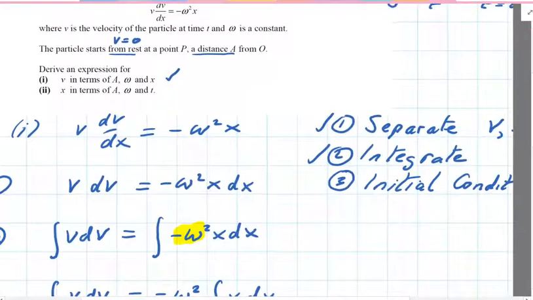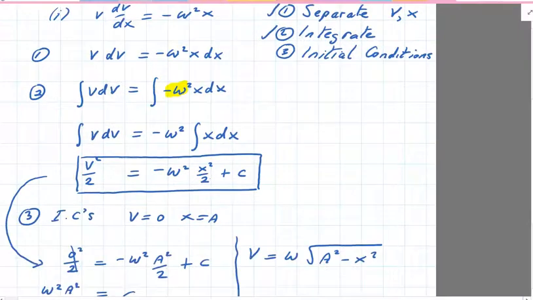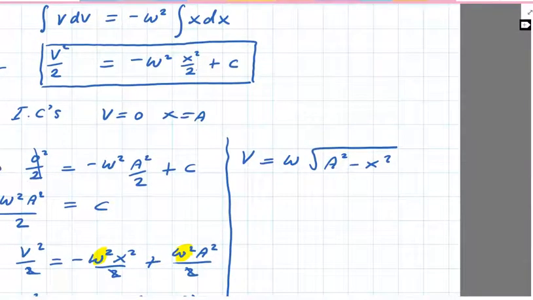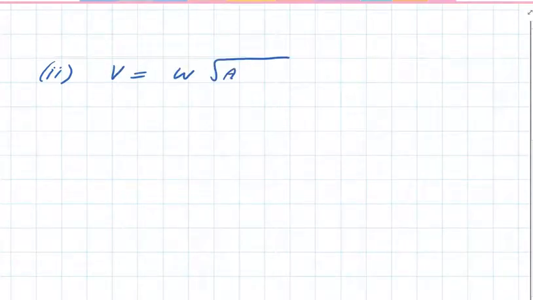Now in part 2, we have to get x. So we're going to take the answer for part 1. So in part 2, V is equal to omega root of A squared minus x squared.